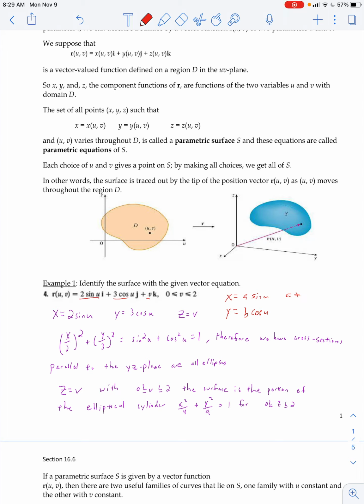But if a is equal to b, then you're going to have a circle, and the radius would be whatever a or b is.